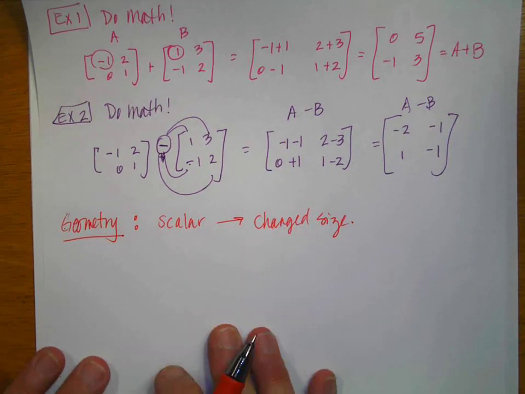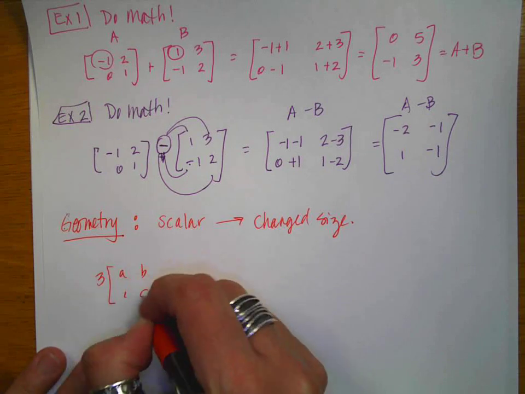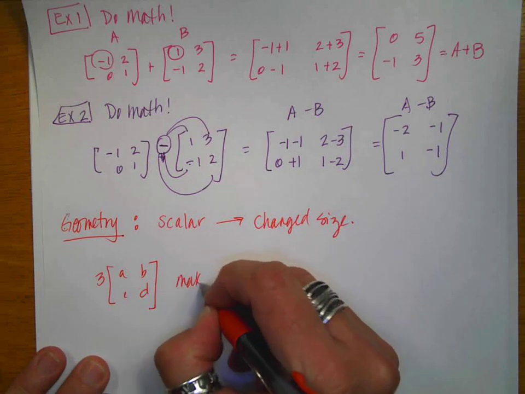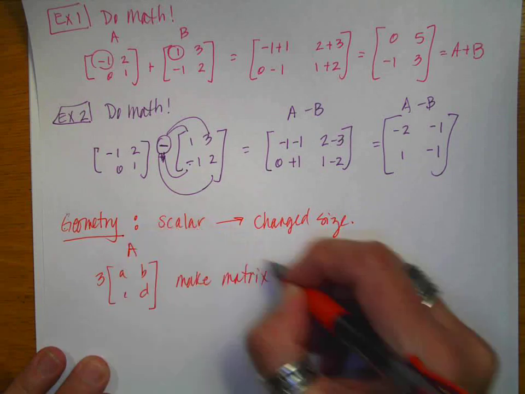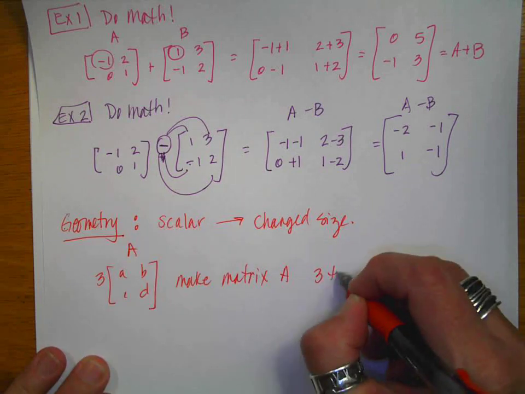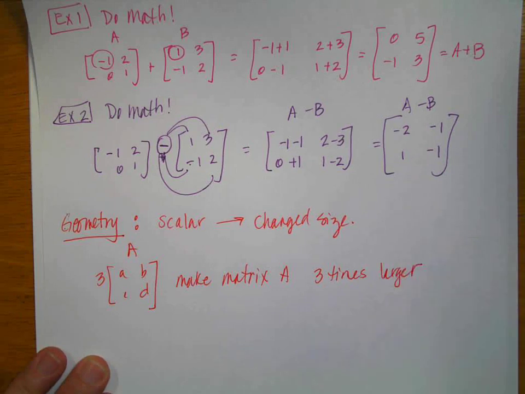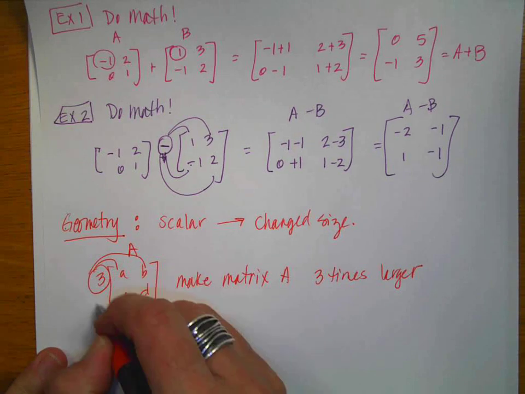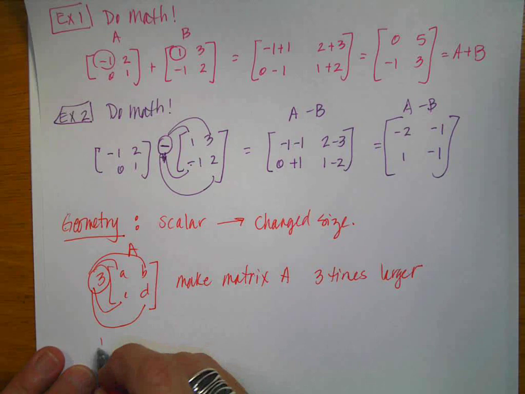Well, the same thing is true with matrices. So if I had a 3 outside of matrix A, B, C, D, then that's going to make matrix A 3 times larger. And just like when we did our subtraction up here, this 3 is going to magnify every element on the inside of the matrix.